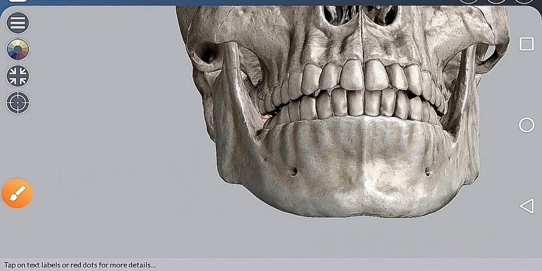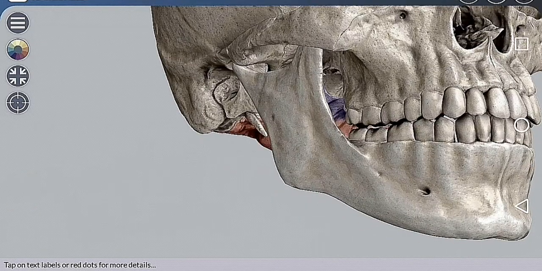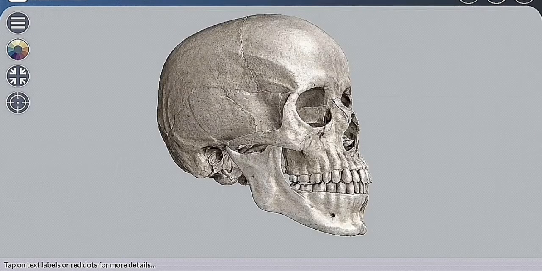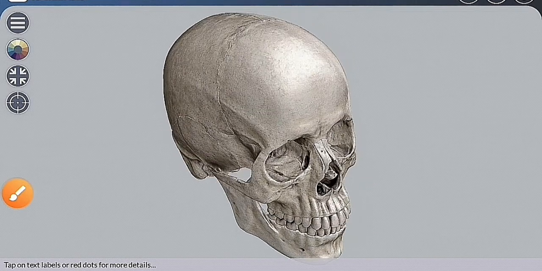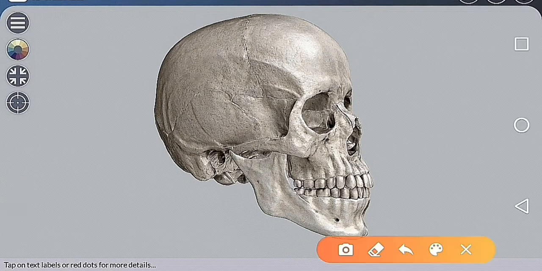And here we have the mental foramen, where nerves and blood vessels pass to supply the mandible. And here we have the neck of the mandible, and it has a condylar process here and coronoid process here.